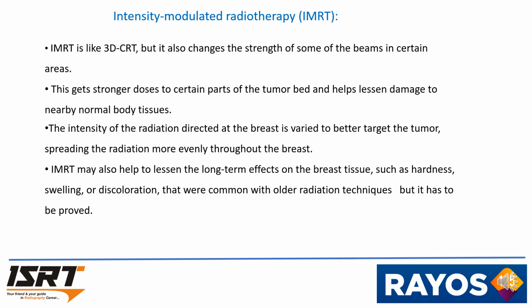The intensity of the radiation directed at the breast is varied to better target the tumor, spreading the radiation more evenly throughout the breast. IMRT may also help to lessen the long-term effects on the breast tissue such as hardness, swelling or discoloration that were common with older radiation techniques, but it has to be proved.